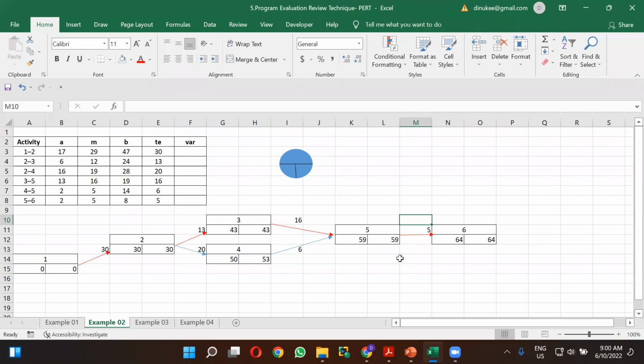So after coloring the critical path, you can calculate the expected time of the project. You have to get the summation of the critical path activities and you can calculate the expected time of the project. So please calculate the expected time of the project. Hurry up.